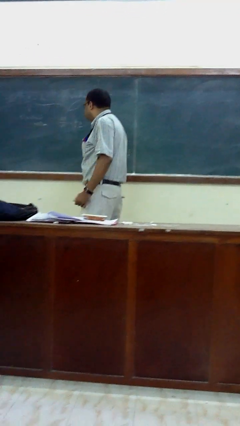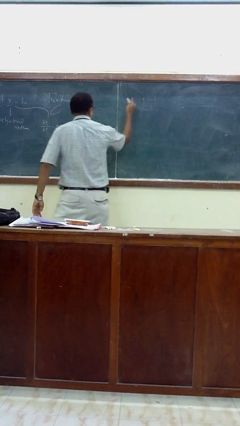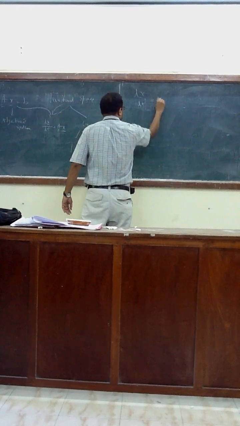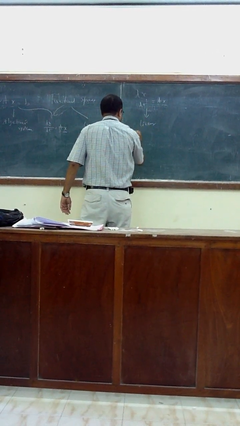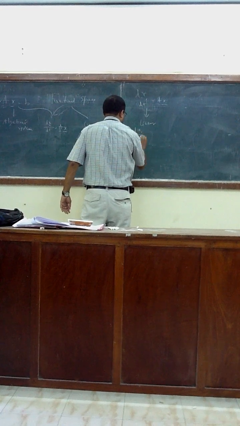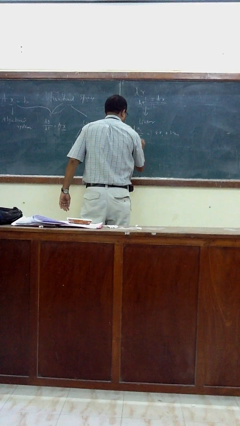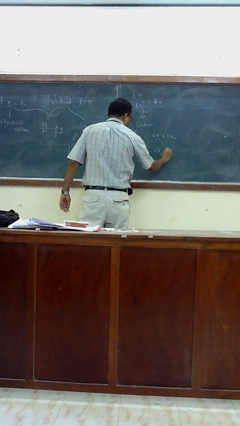So this kind of system actually works well analytically if it is a linear system. That means if you have, say, dx1/dt equals 4x1 plus 3x2, dx2/dt equals, say, 6x1 plus 7x2.